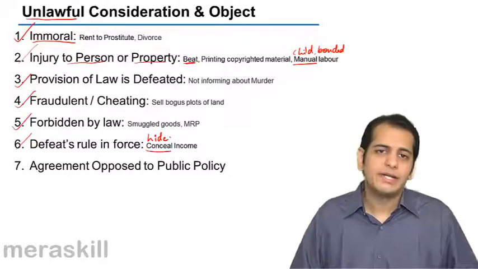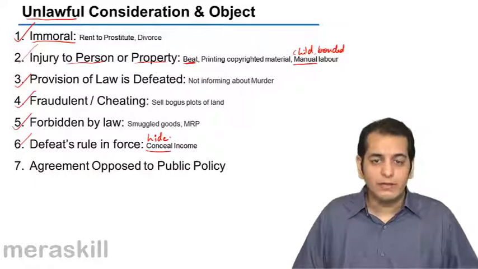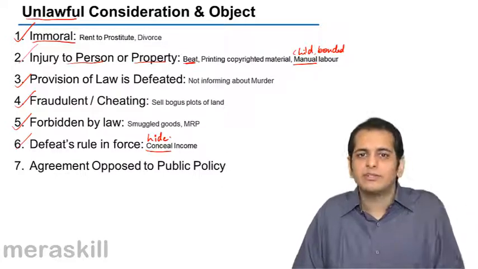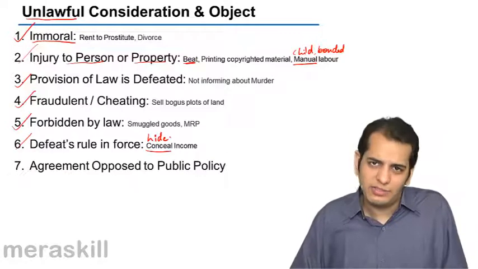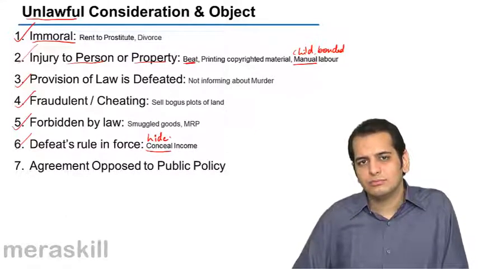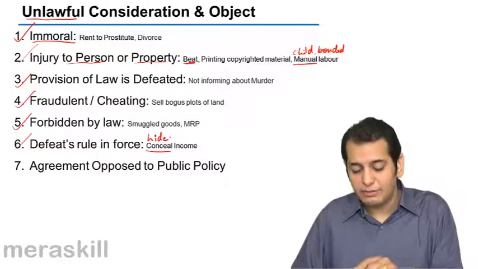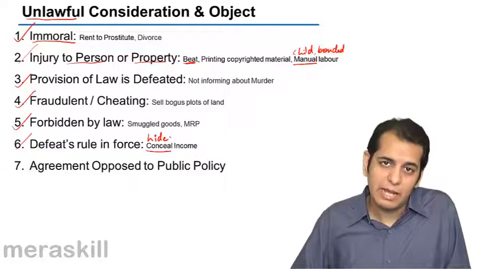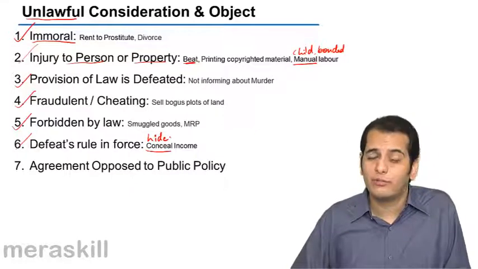You cannot hide your income. And if you hide your income and do not disclose it so that you save tax on it, such a thing will be considered as unlawful, and such money becomes black money. So keeping black money is also unlawful. I've already explained this to you.